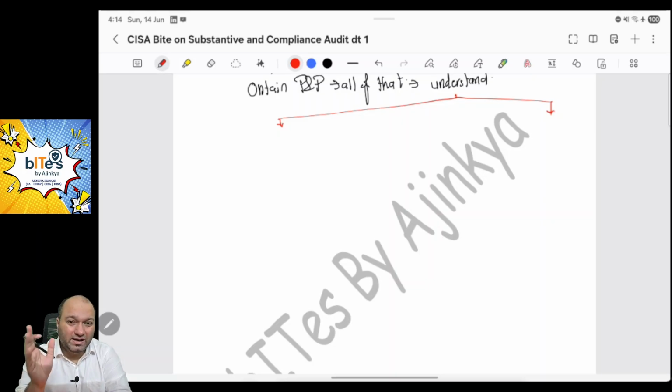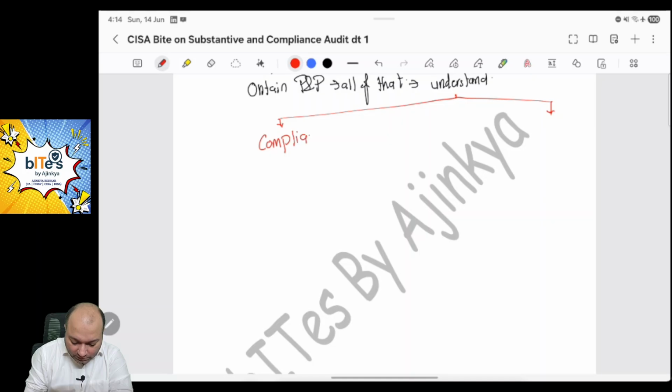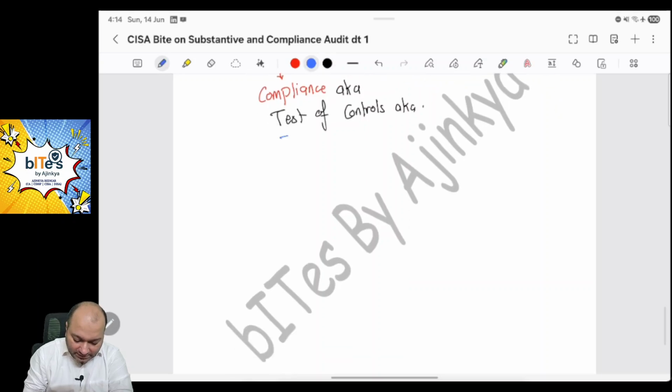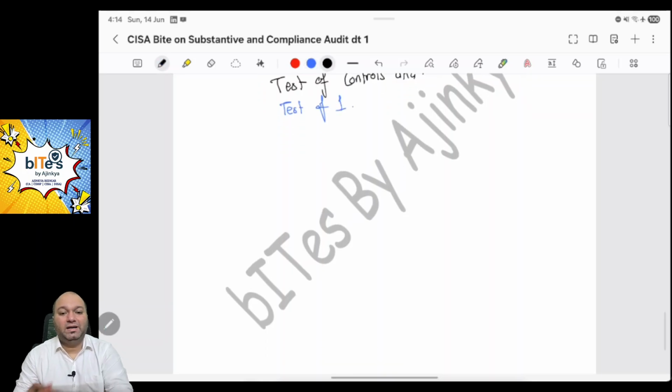So here you can see I have used the word compliance. So compliance testing is also known as test of controls, or practically it is also known as test of one. Now what do we mean by that? First, the auditor has to see whether a control complies with the policies or not. Now I don't want to tell you how policies are made and all of that. There is a policy given by the management.